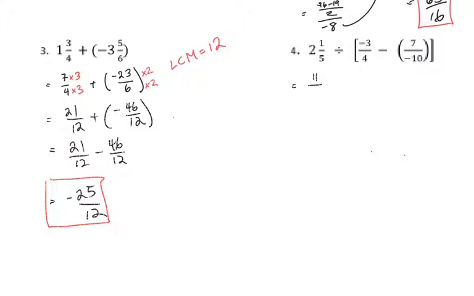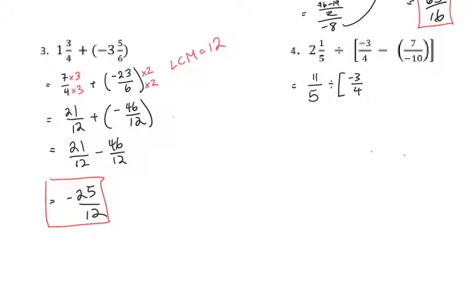So that ends up being 11 over 5, because 2 times 5 gives us 10 plus 1, which will give us 11. Now, let's continue. Now we're going to be dividing by the quantity of negative 3 over 4.